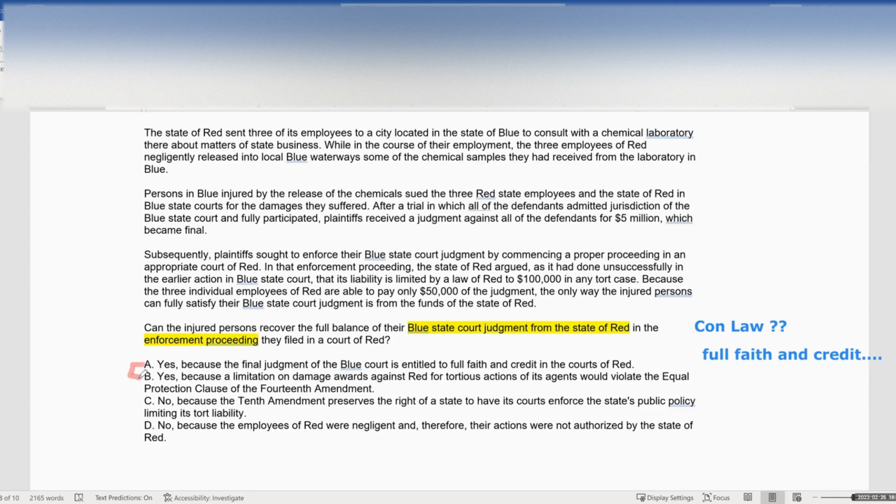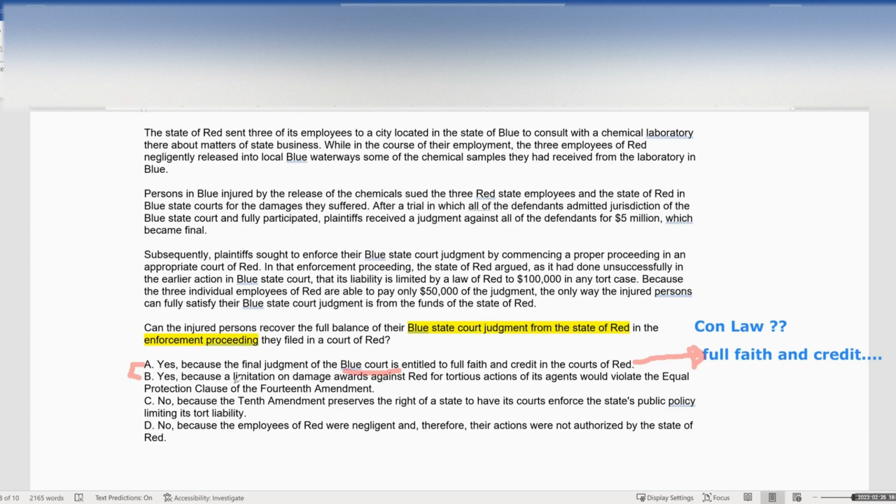Right. Answer choice A says yes, because the final judgment of the blue court is entitled to full faith and credit in the courts of red. This matches up very well to our thinking, and I am liking that answer choice a lot.